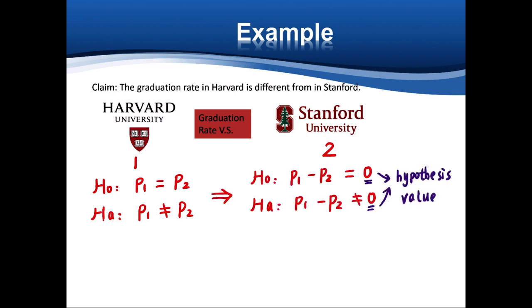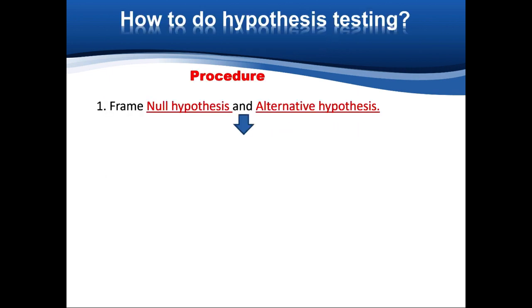One more step. We usually write P1 minus P2 is not equal to 0 in HA, where 0 is the hypothesis value.